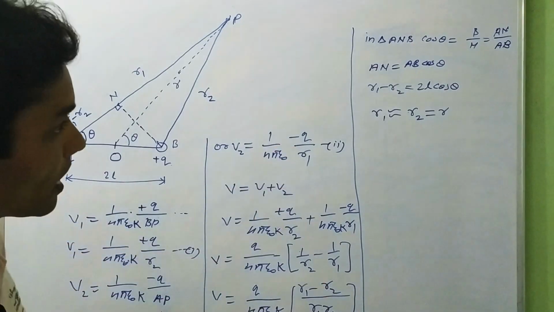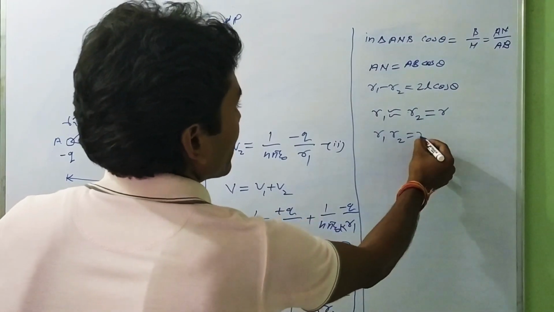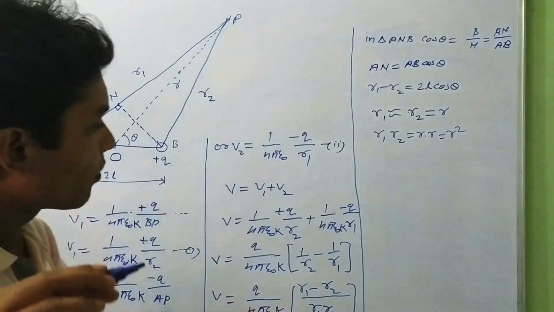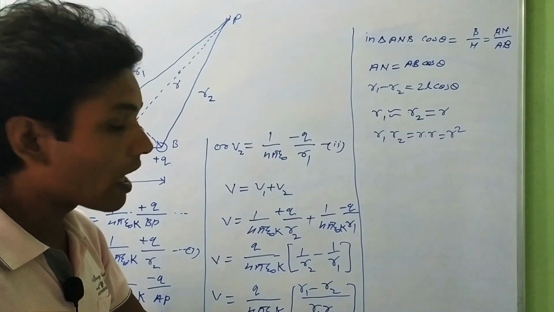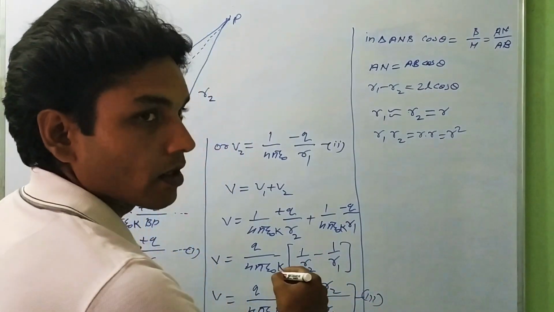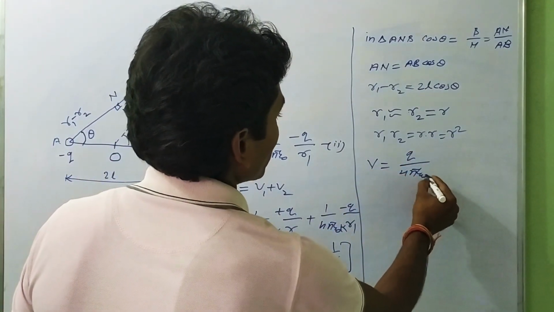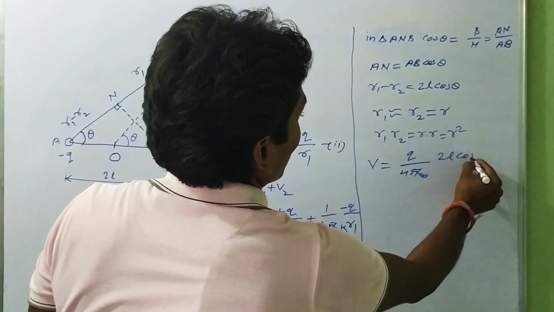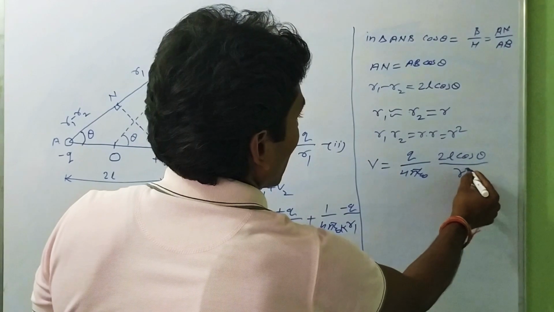Let it be R. So R1 into R2 will be R into R equals R square. Now on putting the value of R1 minus R2 and R1 into R2 in this equation, let this be the third equation, the potential V will be equal to Q upon 4 pi epsilon naught K, times 2L cos theta upon R1 into R2, which equals R square.